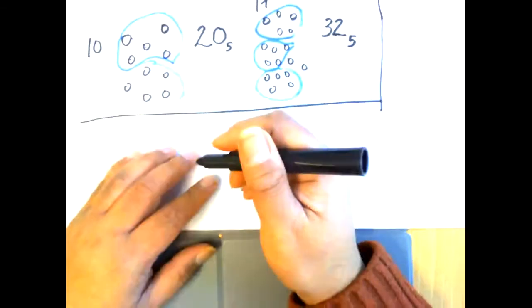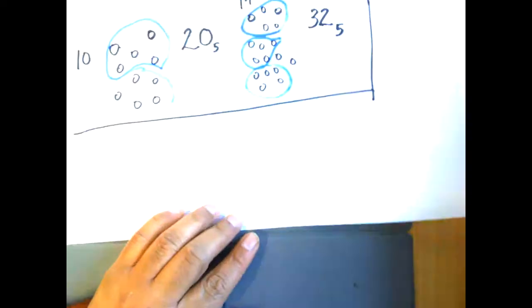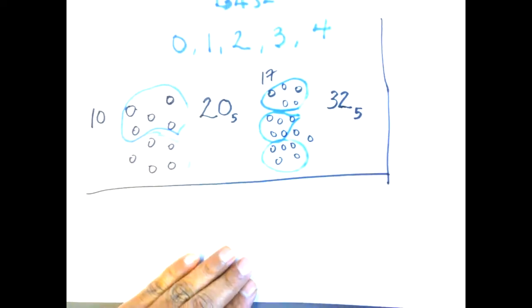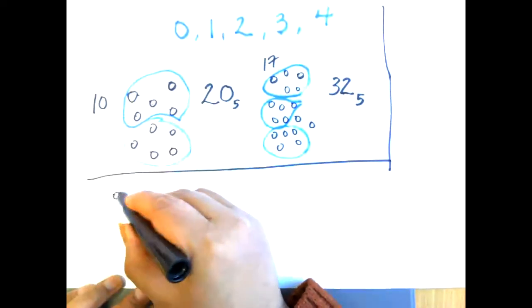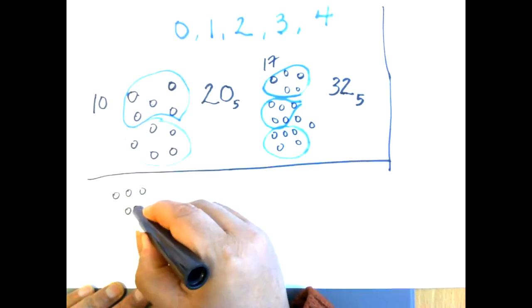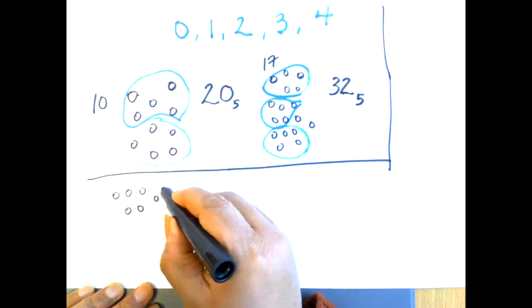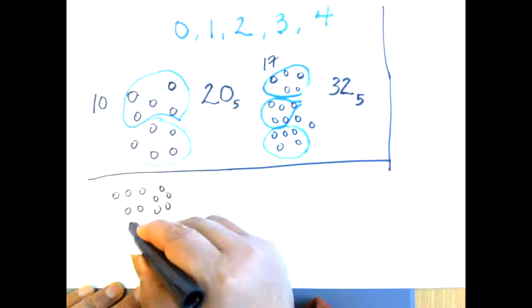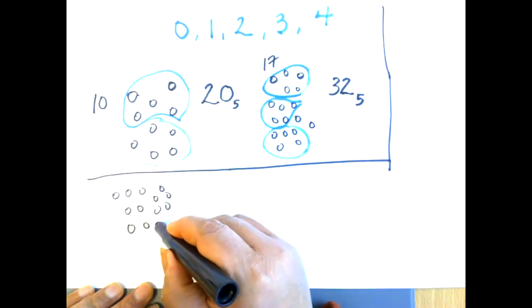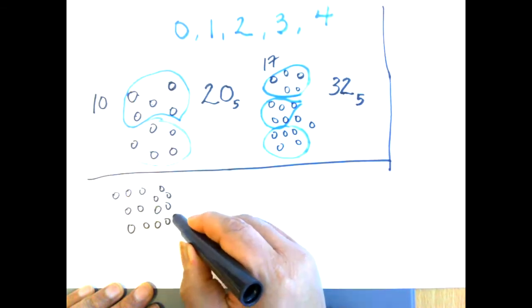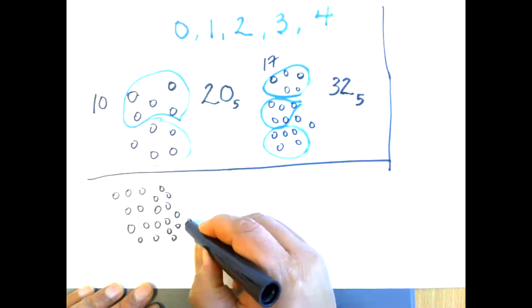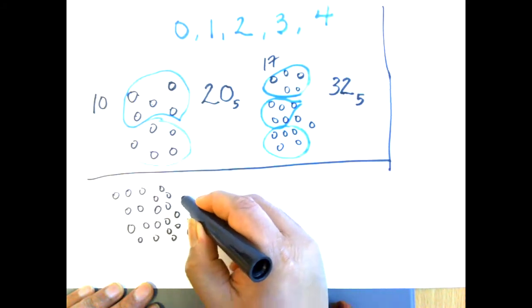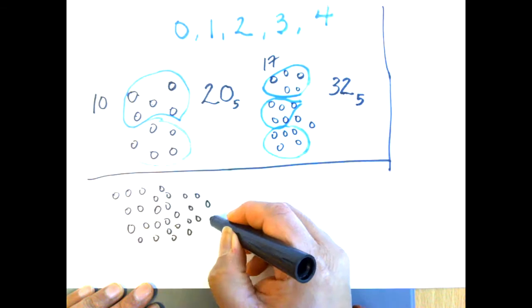Okay, let's count 28. 1, 2, 3, 4, 5, 6, 7, 8, 9, 10, 11, 12, 13, 14, 15, 16, 17, 18, 19, 20, 21, 22, 23, 24, 25, 26, 27, 28.